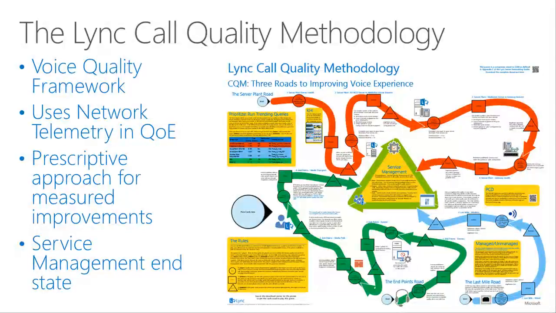It's not always network, as much as sometimes people like to blame the network team. It's not always that. It could be devices, it could be configuration, it could be device drivers. And so this methodology is designed to help you go through that process of, okay, where do I start? Where do I look? How do I attack those areas where I'm going to get the biggest bang for my buck?